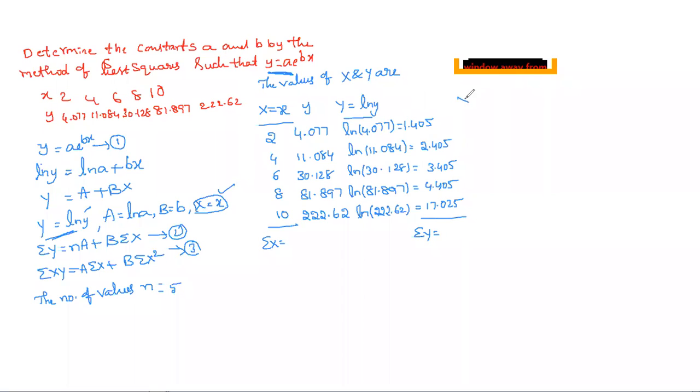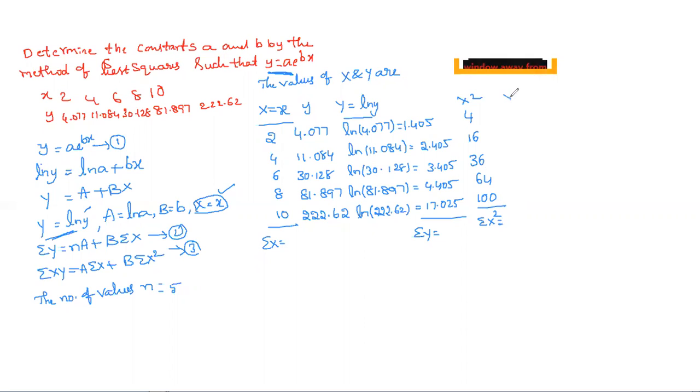Capital X square is 2 square, 4, and 4 square is 16, 6 square 36, and this is 64, and this is 100. By adding all these we get summation x square.